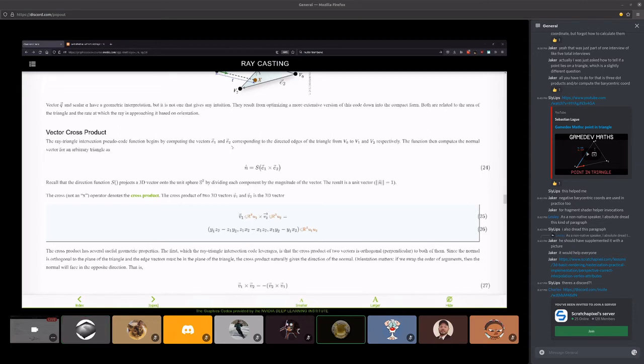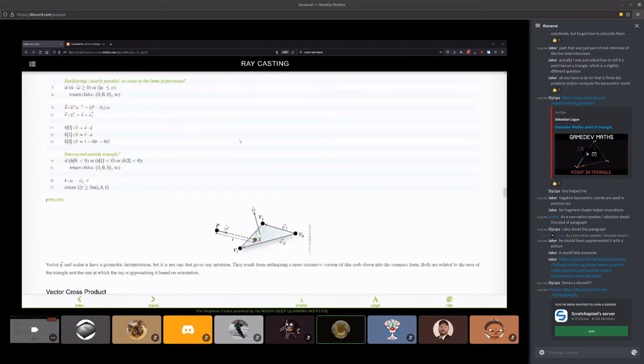Wait, you mentioned having those weights normalized. Is that why they check below 0? Because if there's a scale factor, the less than 0 still works. Or I guess, actually, I'm not sure. In this context, they're just checking if the point lies outside the triangle.